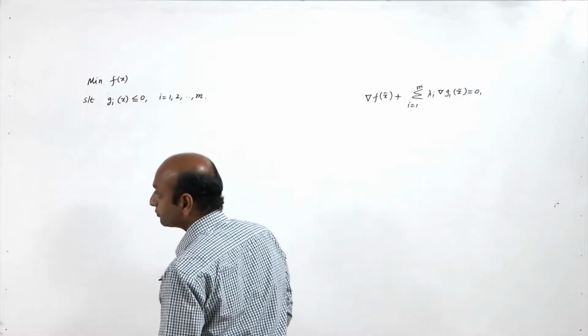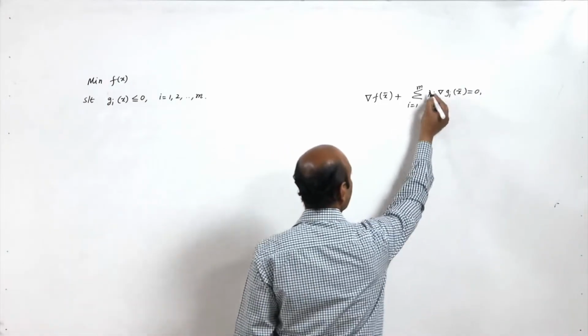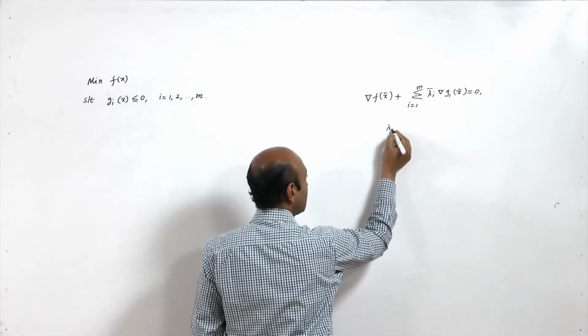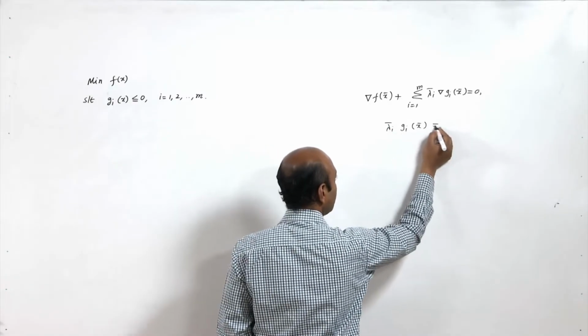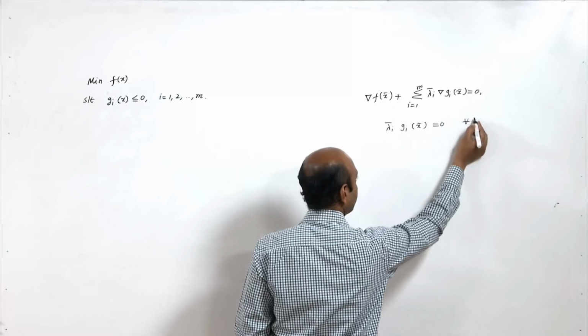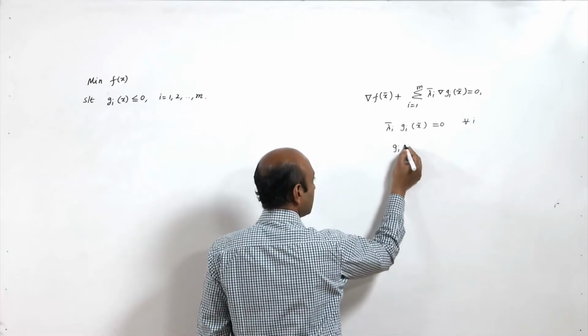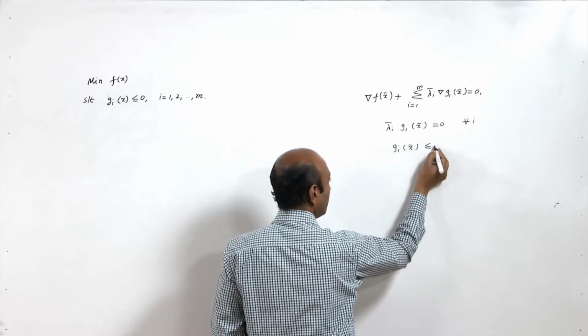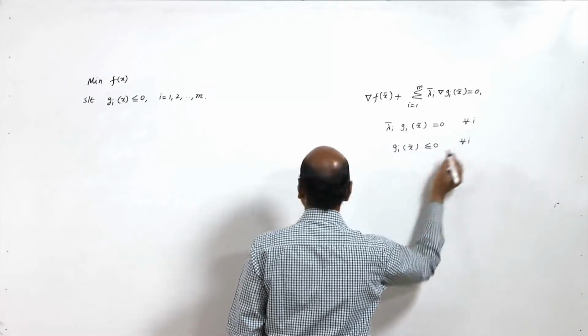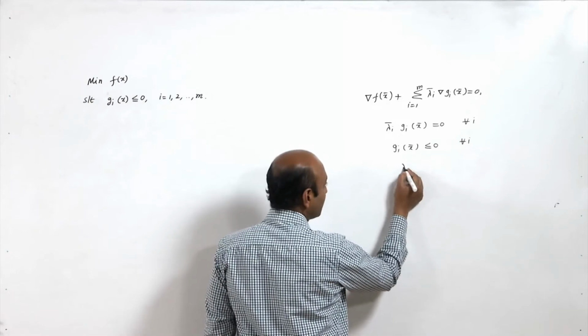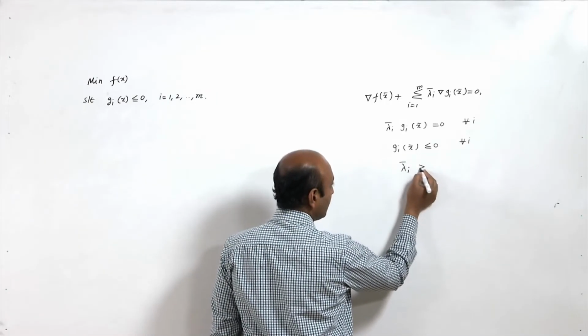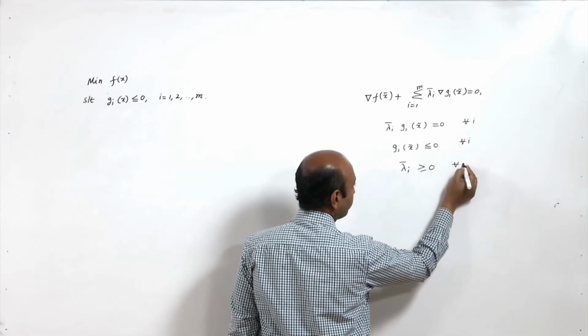The second condition is lambda_i bar g_i(x bar) must be 0 for all i. g_i(x bar) should be less than or equal to 0 for all i. This is the feasibility condition, and all multipliers lambda_i bar must be non-negative for all i.